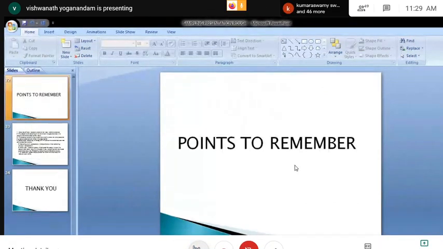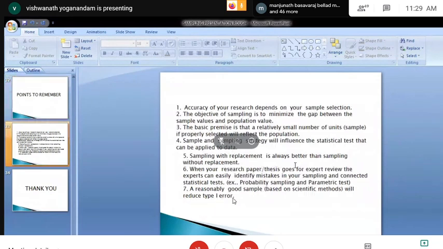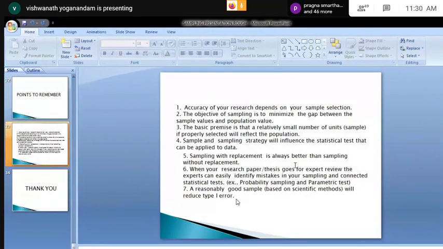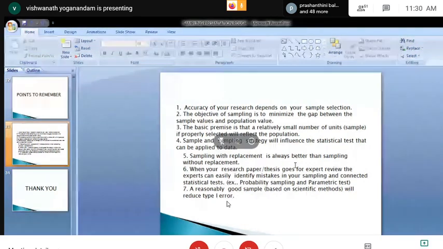Okay. Finally, points to remember. So the first point is accuracy of your research depends on your sample selection. The objective of sampling is to minimize the gap between the sample values and population value. In other words, reducing the sampling error.